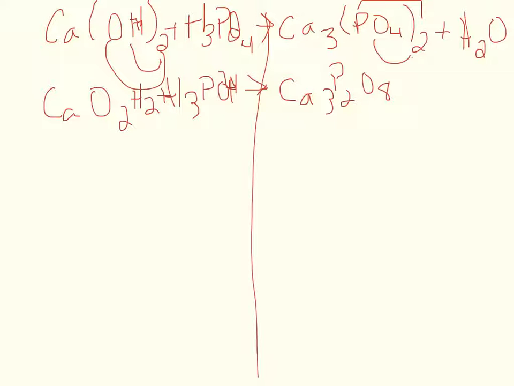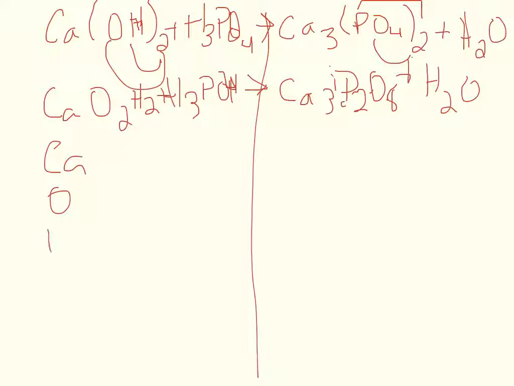Now, to balance this equation, you need to first write out all the elements on both sides. I did it in the order of CaOHP, and on this other side I did the same.